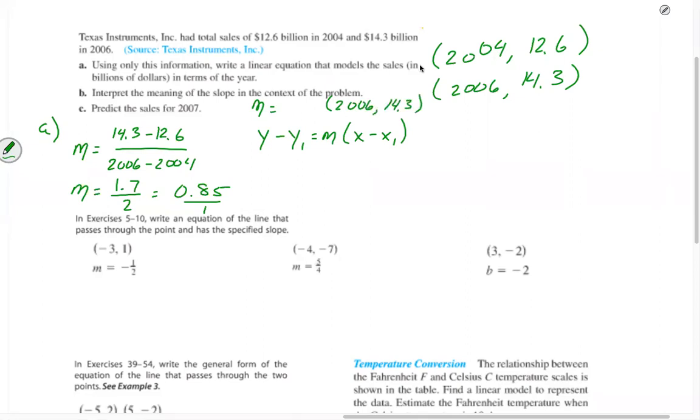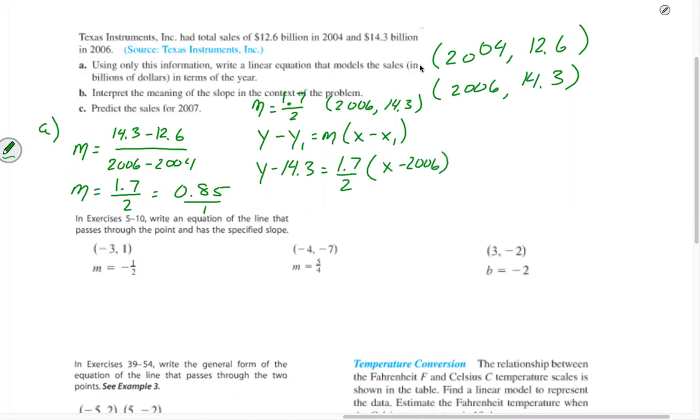Since the slope is confusing you, I'm going to use 1.7 over 2, since everybody can follow that. So I'm just going to plug this in. Y minus 14.3 equals 1.7 over 2 times the quantity of x minus 2006.